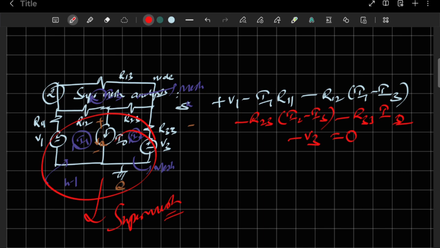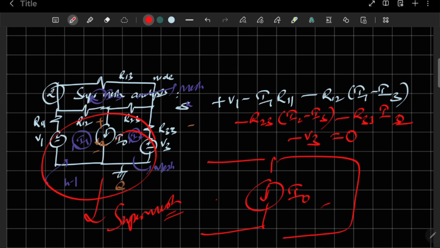But what about the number of equations? Remember one thing: in the case of nodal analysis, KVL is to be applied at the super node. Its opposite is that KCL is to be applied for the super mesh. That's it. If you think about this one, I0 is the current source. Here mesh 1 is there, here mesh 2 is there.